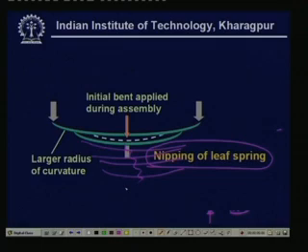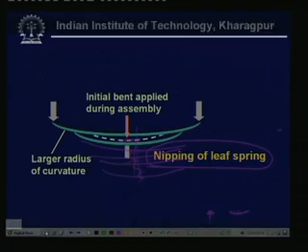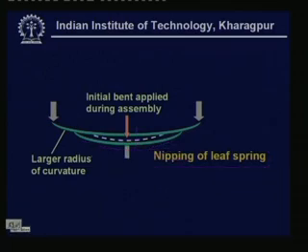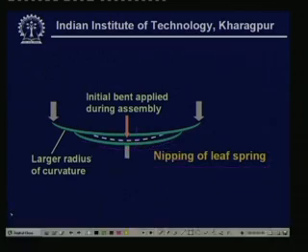So that there are certain amounts of gaps, all stresses will be uniformly distributed, and a certain amount of dirt accumulation in between the leaves also can be cleared. So, this gives the total design consideration for the leaf spring.